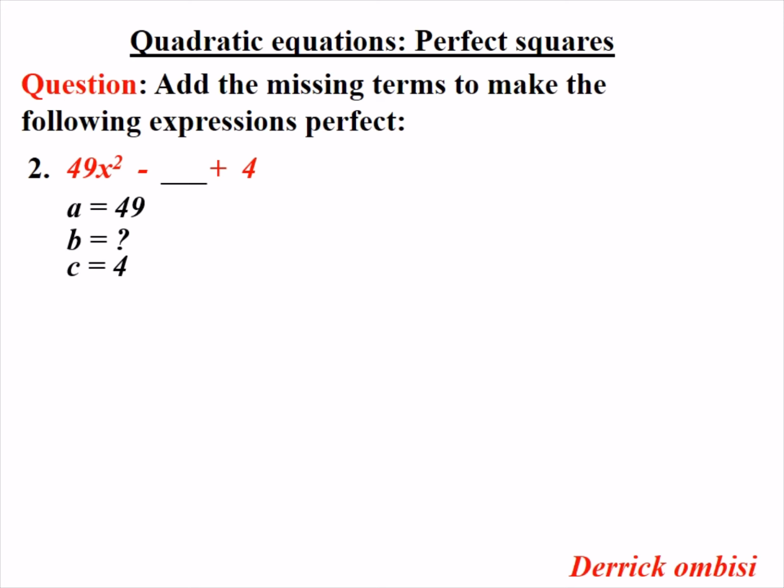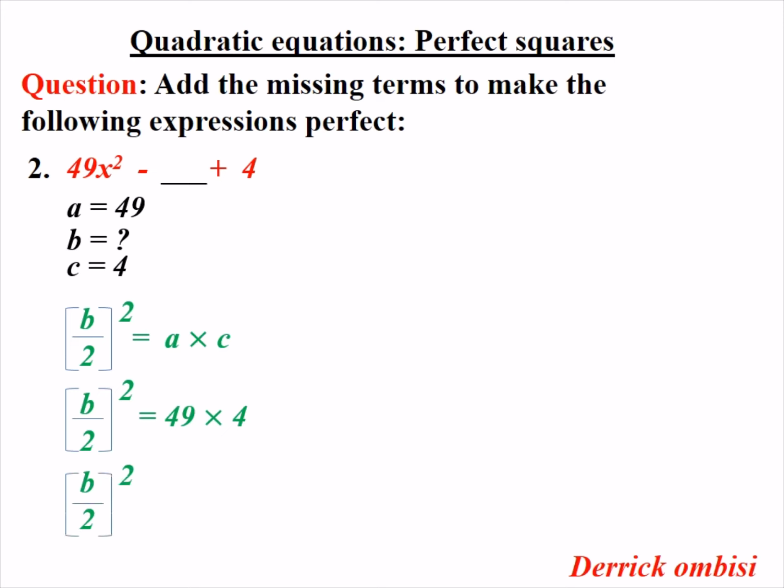If we take the coefficient of x, which is b over 2, and square it, we must get a multiplied by c for it to be a perfect square. So b over 2 squared should give us 49 times 4, which is 196.